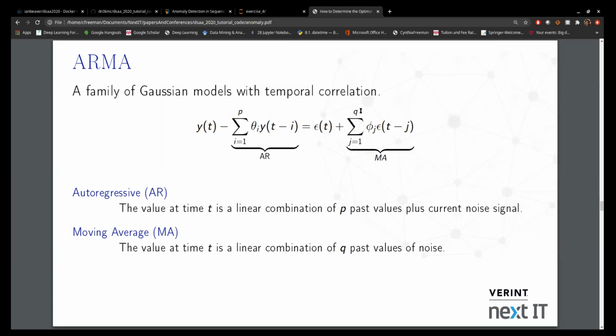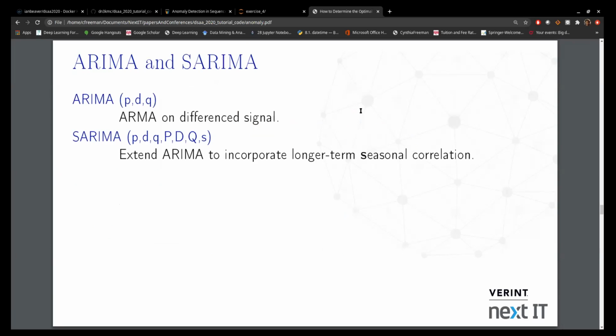And these models assume that the underlying process is stationary, so they can't be used directly to model time series exhibiting seasonality and trend. So to remedy this, one would typically apply one or more rounds of differencing, and this leads to ARIMA. So we talked about differencing, right, and experimented with it in the first half of our tutorial.